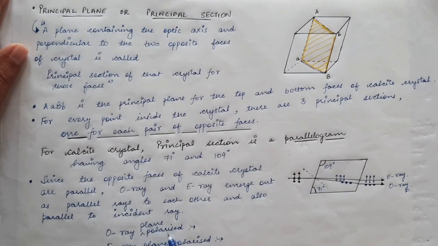Now the O ray is plane polarized and the E ray is also plane polarized.